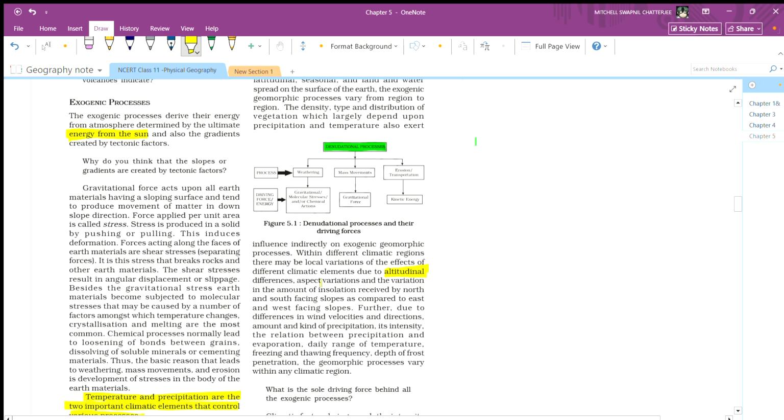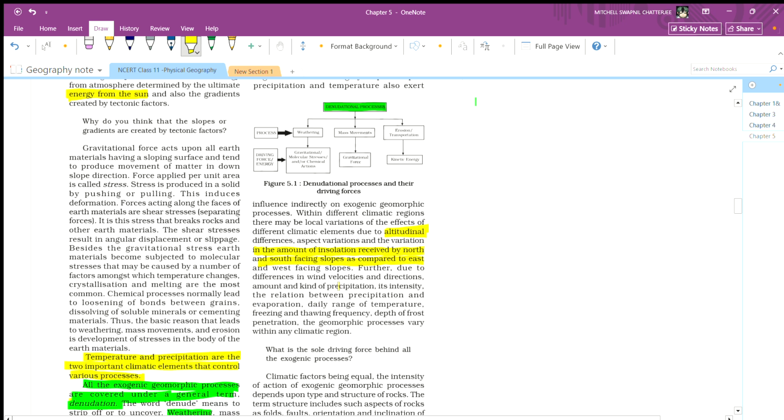Altitudinal difference, aspect variation, and variation in the amount of insolation received by north and south facing slopes as compared to east and west facing slopes. Further, due to differences in wind velocity, wind direction, amount and kind of precipitation, and its intensity, there are lots of variations.